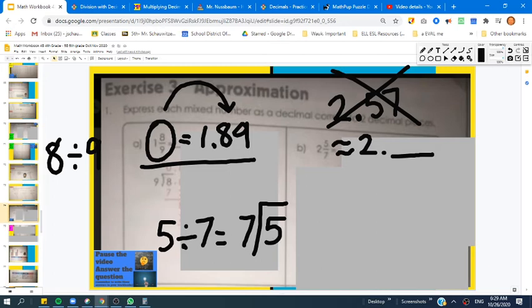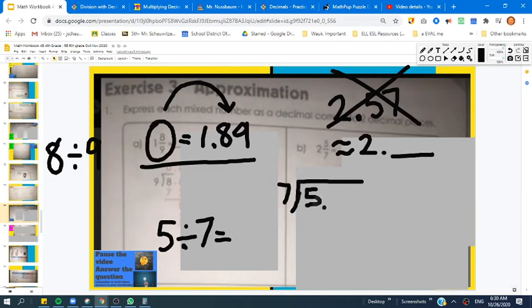Okay, I'm going to actually write that a little bit further up so we can work on our problem. 7 and 5. Okay, now right away I'm going to add my decimal point into my problem because we need to figure out how many times 7 goes into this problem. And since we need our number with 2 decimal points, I'm going to put 3 zeros to the right. All right, now we're ready.